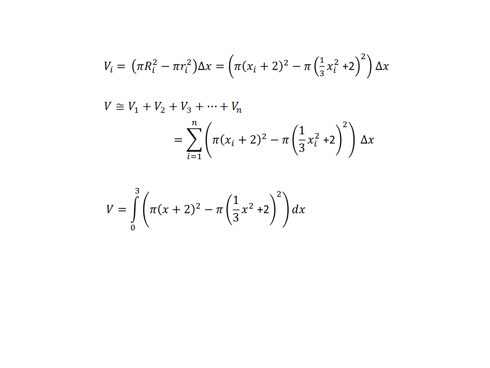Here I'm going from 0 to 3 because that's what x is going from in our region. The expression is similar to the sigma notation, except the x sub i's are replaced by x's, and the change in x corresponds to the differential dx.